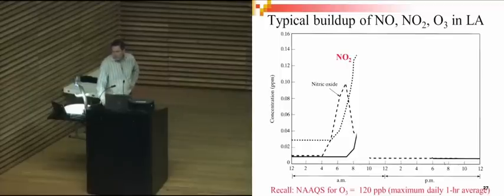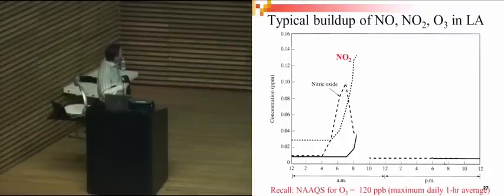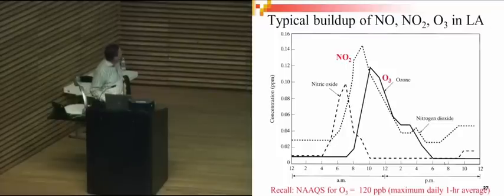So if we look at the buildup of NO, NO2, and ozone in LA, this is a fairly typical sort of production curve of nitrogen dioxide and nitric oxide in the atmosphere. Remember that 122 parts per billion is our maximum daily 1 hour average. So this would be sort of the cutoff for the National Ambient Air Quality Standard. So typically we can hit that or come close to hitting that in LA in the late morning.